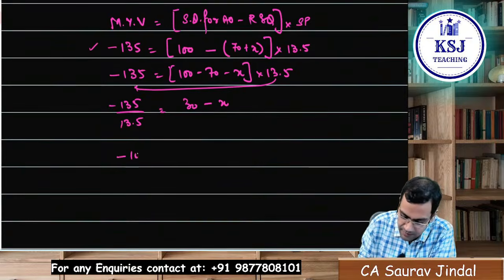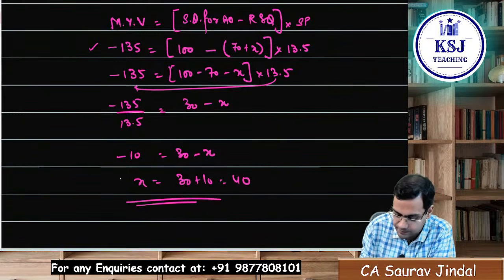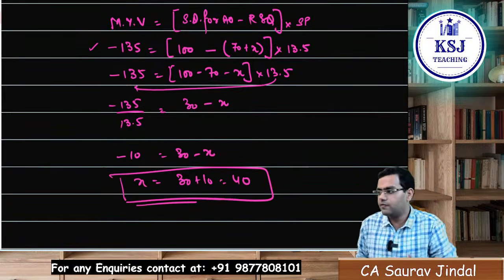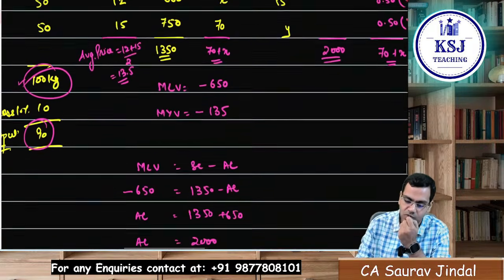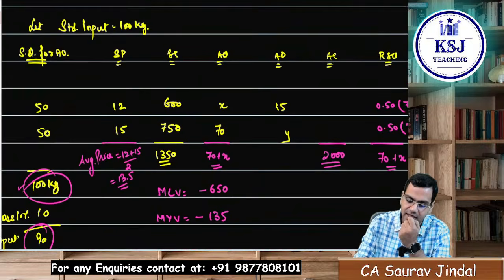So that will be minus 10 is equal to 30 minus x, x is equal to 30 plus 10 equal to 40, right? So from here we will get the value of x. X is the actual quantity, that is 40 here.